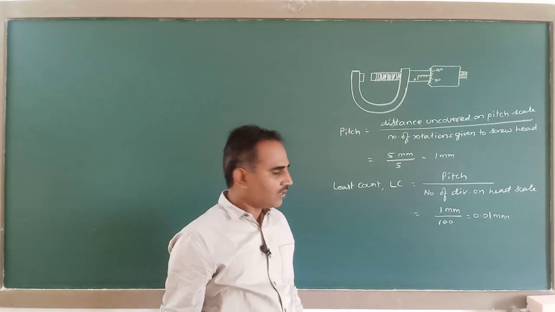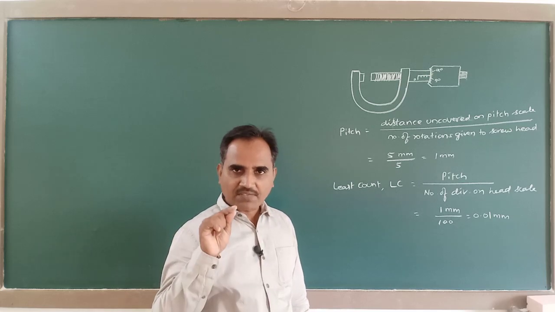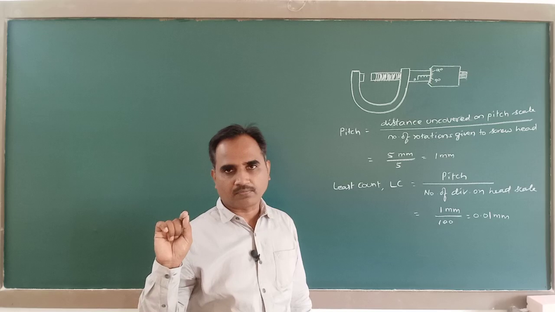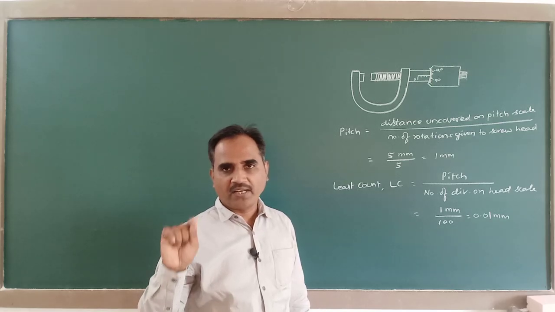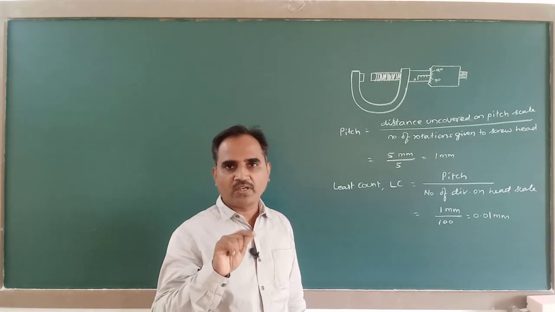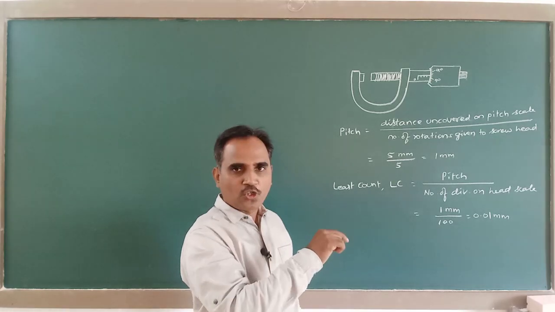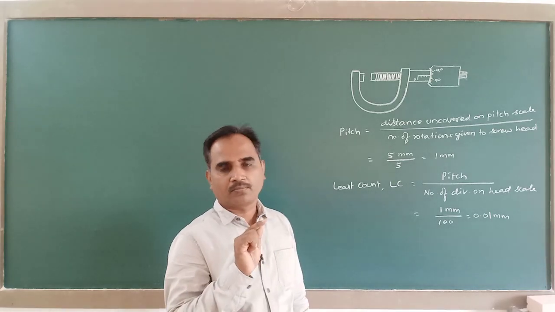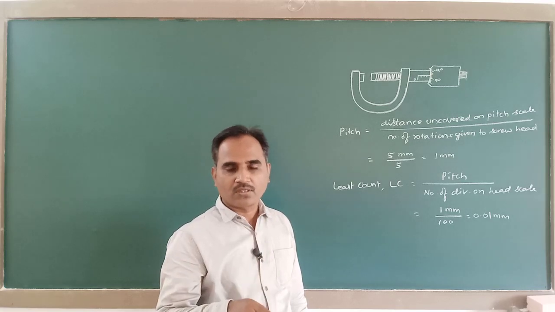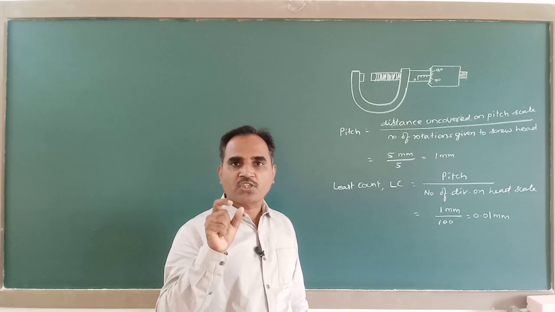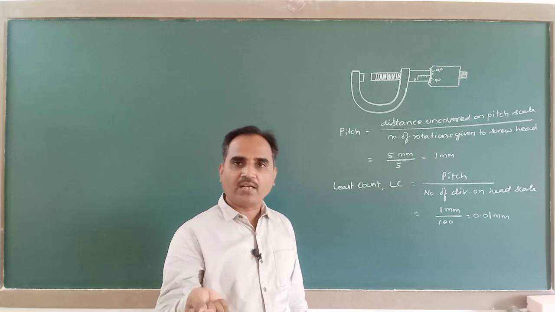You can observe that in the case of a vernier calipers, the least count is 0.01 centimeter, whereas for a screw gauge it is 0.01 millimeter. That means a screw gauge can measure still smaller lengths than a vernier calipers.